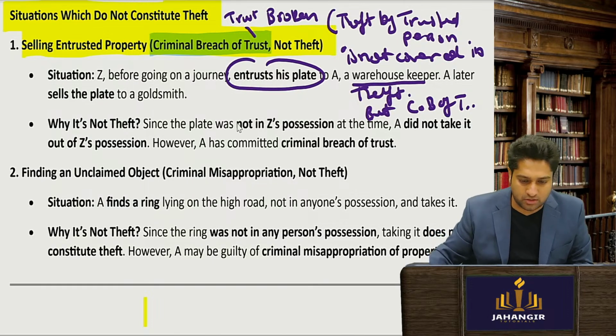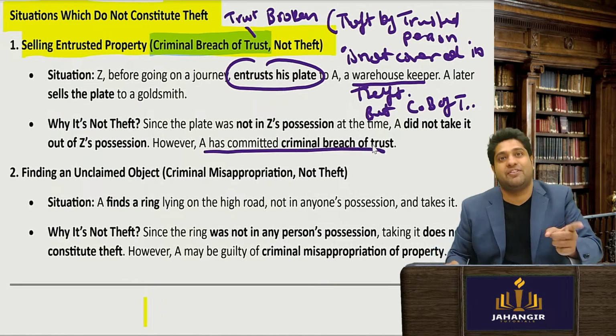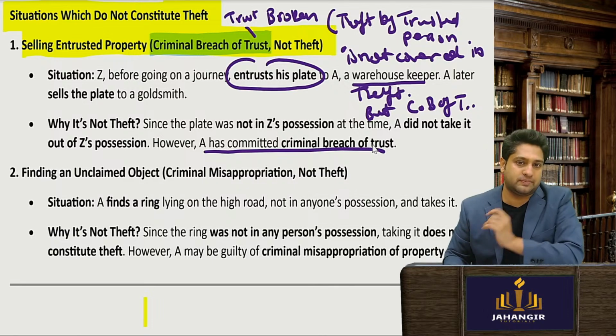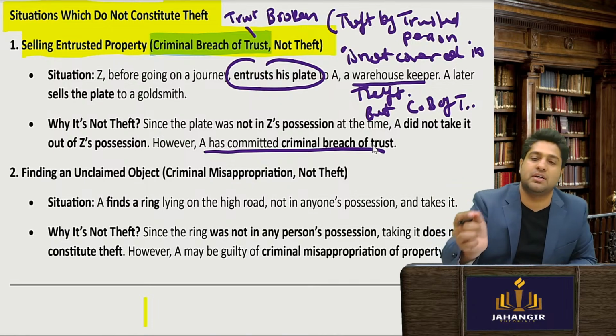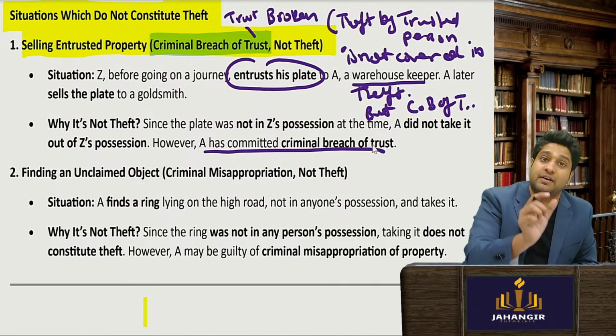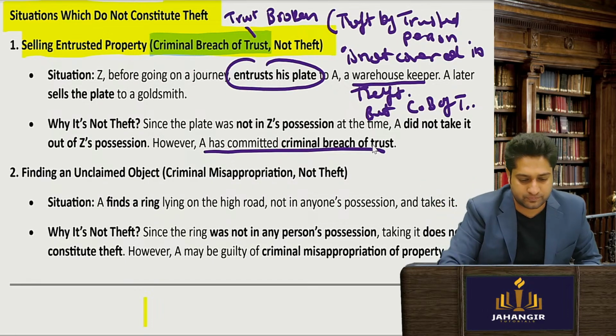So it is not considered to be theft. It will be treated as criminal breach of trust. Clear? So theft done by a trusted person will not come under the definition of theft. It will come under the definition of breach of trust, for which there is a separate penalty.